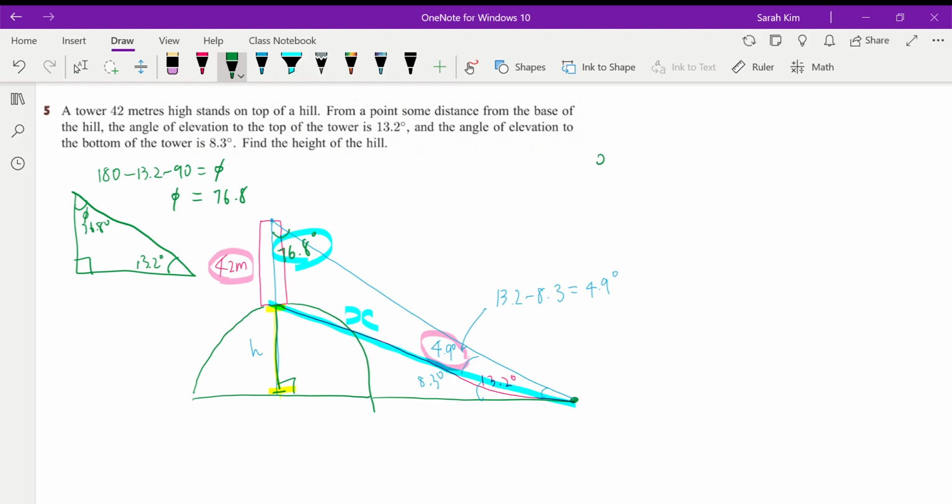So my unknown goes at the top, my pair is sine 76.8, length goes at the top, and then sine of 4.9. So this is what I have to rearrange in order to find x. So I'm going to times sine 76.8 on both sides. So therefore x is 42 sine 76.8 divided by sine 4.9.